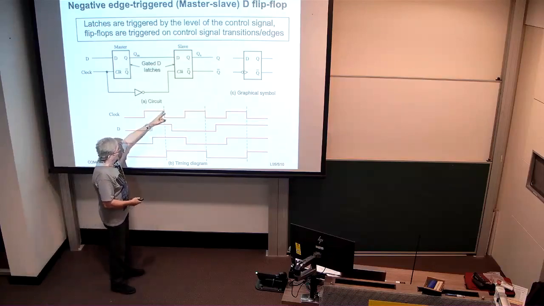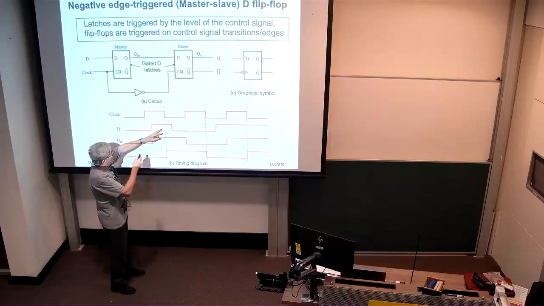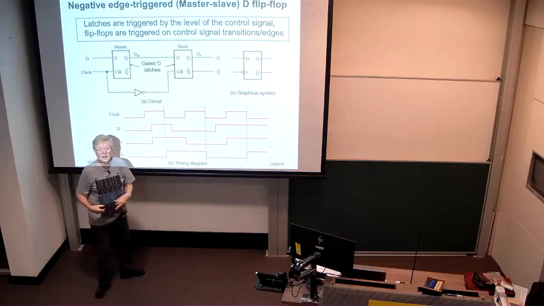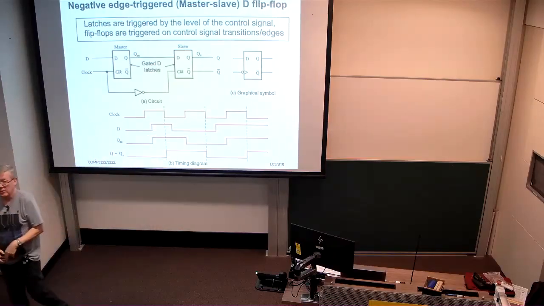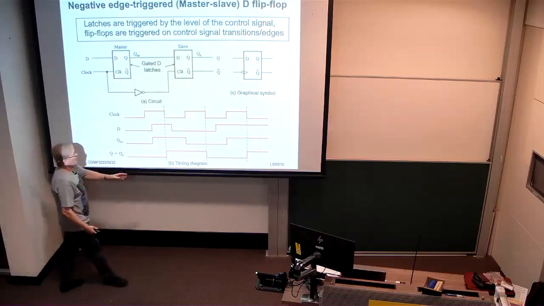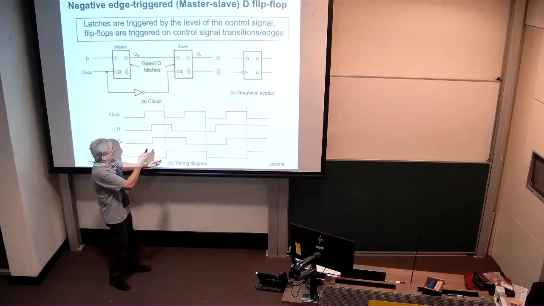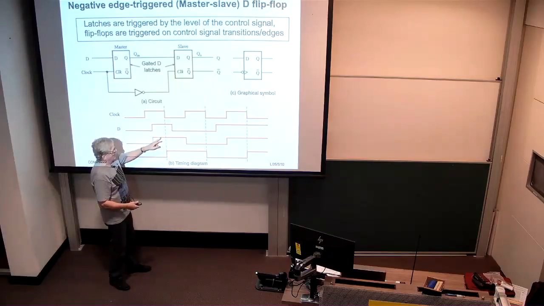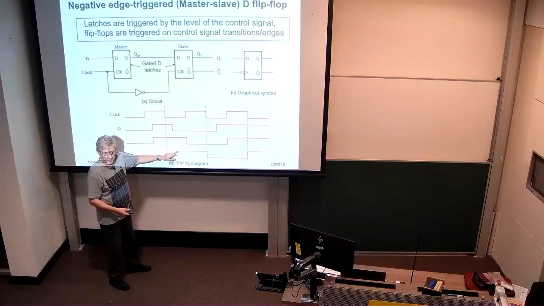Now, interestingly, when the clock goes low, that is precisely when the slave latch becomes active, because it has an inverted clock relative to the clock driving the master. And therefore, the slave becomes active, it sees what's on the QM wire here and responds, goes high.